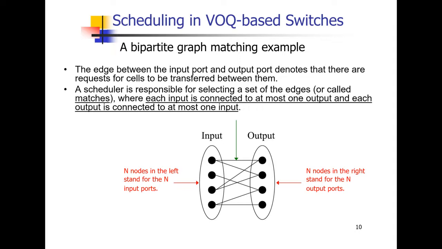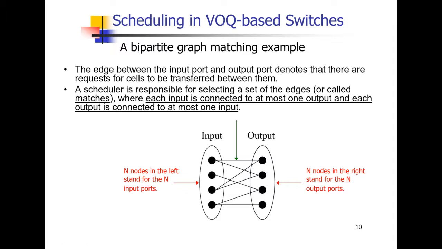Basically, it can represent two things. The first is a connection request. So when a cell arrives at the switch and it has to go to a certain output port, then we have an arc in the bipartite graph which represents the request.